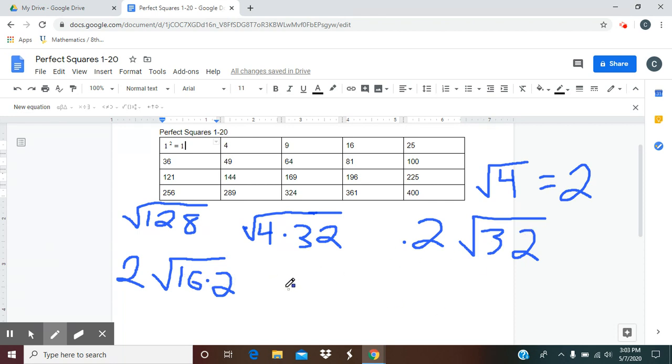Now, from here, I will try to take the square root of each number again. So this time I'm not going to write out the steps. I'm going to shortcut that. I have 2 times the square root of 16, which is 4. When you take multiple numbers out, they will multiply. Now I'll take the square root of 2.